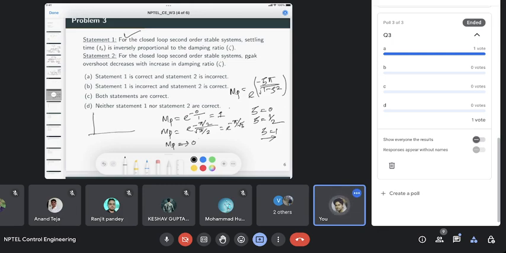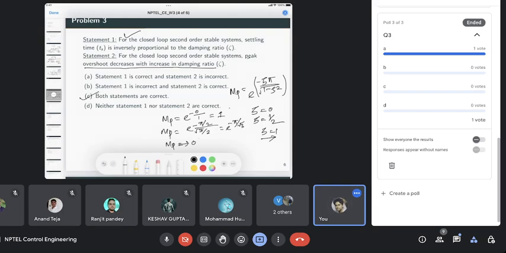If you plot that, zeta from 0 to 1, a decreasing type curve will come. So your peak overshoot will decrease as you increase the damping ratio. So statement 2 is also correct.